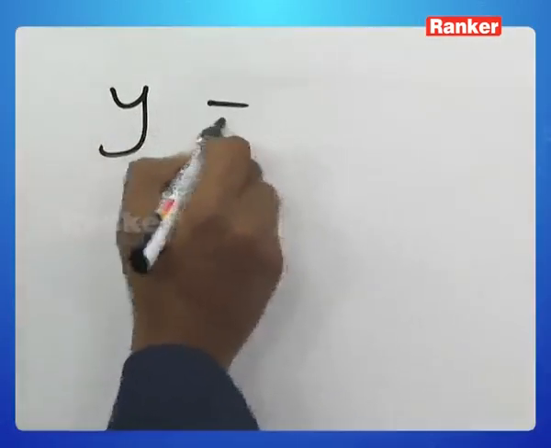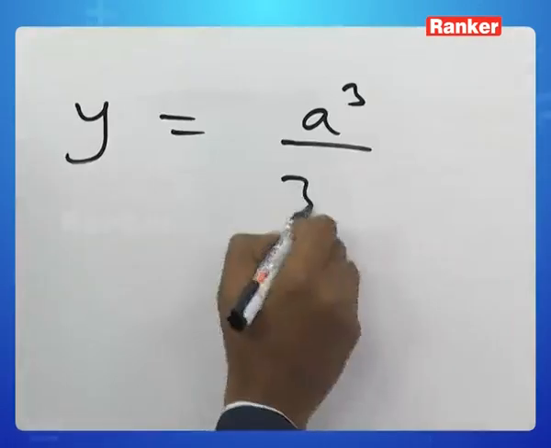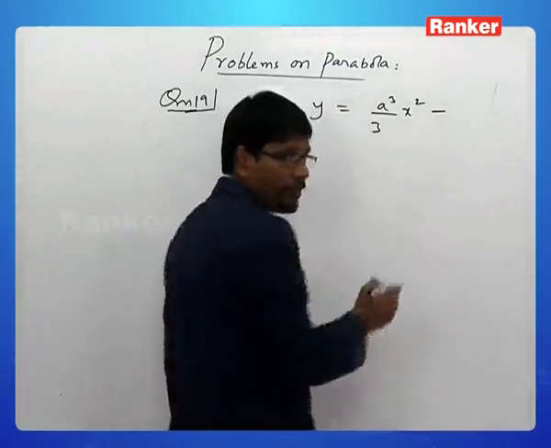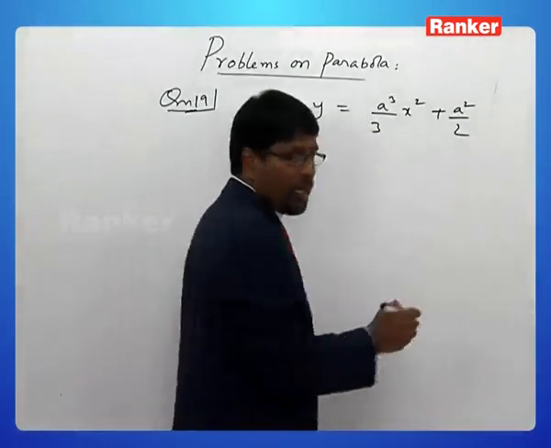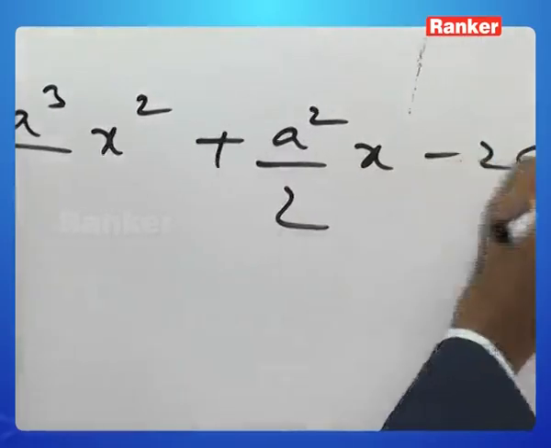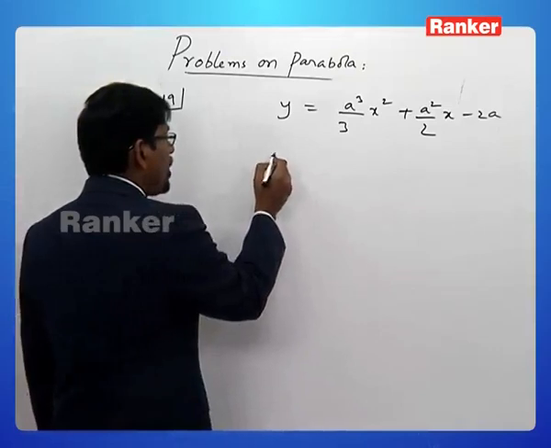The family of parabolas is given by y = (a³/3)x² + (a²/2)x − 2a. Now let us note one thing here.